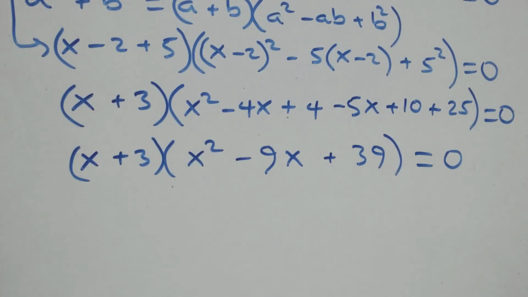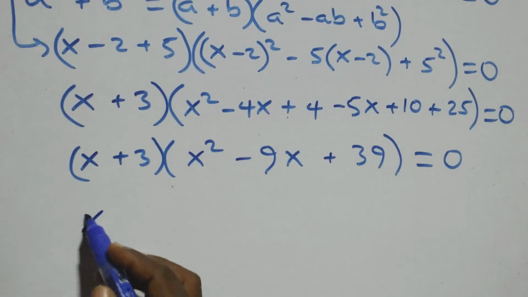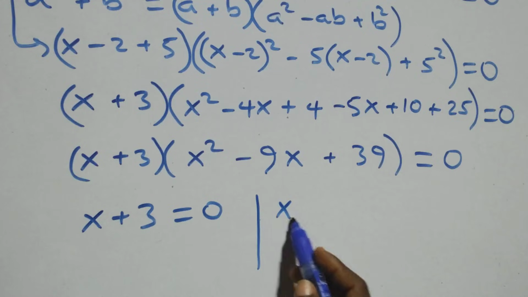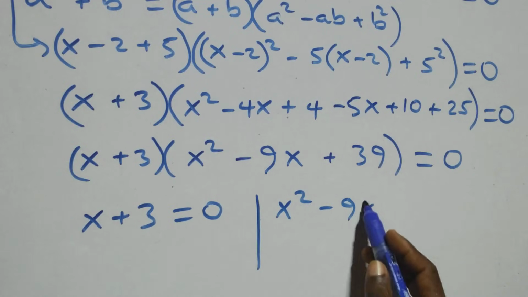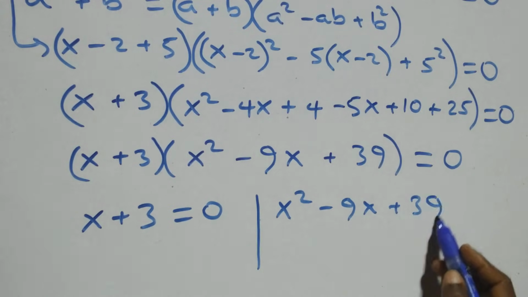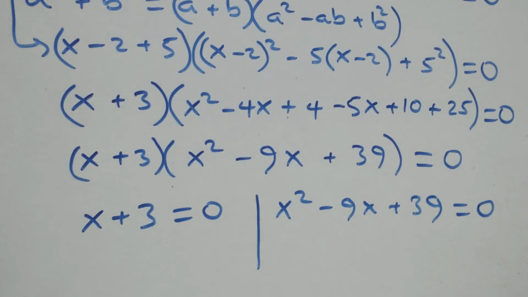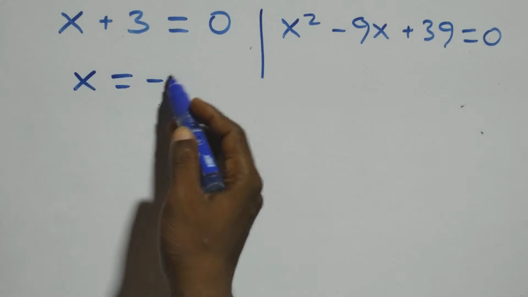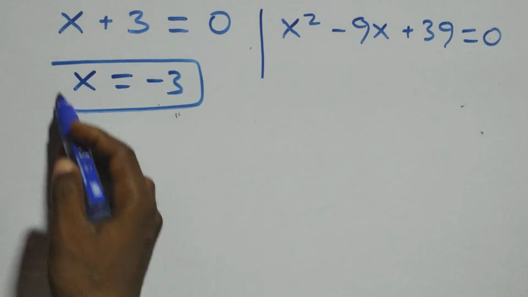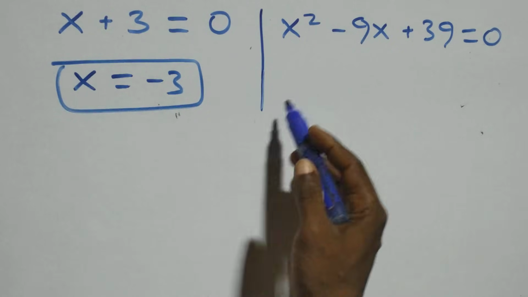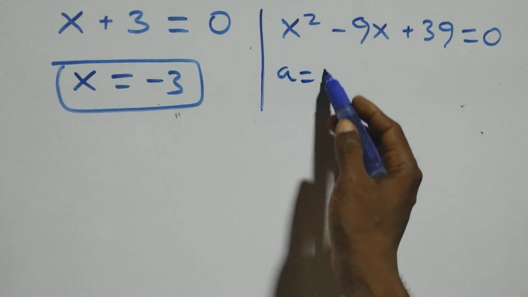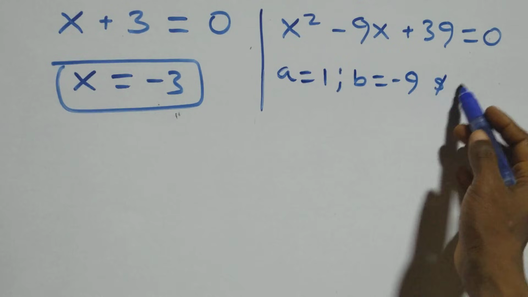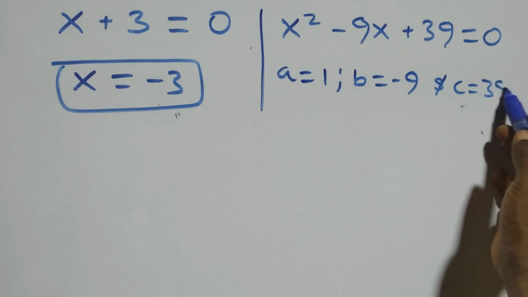Then here we have two possible cases. First one, x plus 3 equals 0, or we have x squared minus 9x plus 39 equals 0. Solving this side, x equals minus 3, which is a real solution. Then we have a quadratic equation where a equals 1, b equals minus 9, and c equals 39.